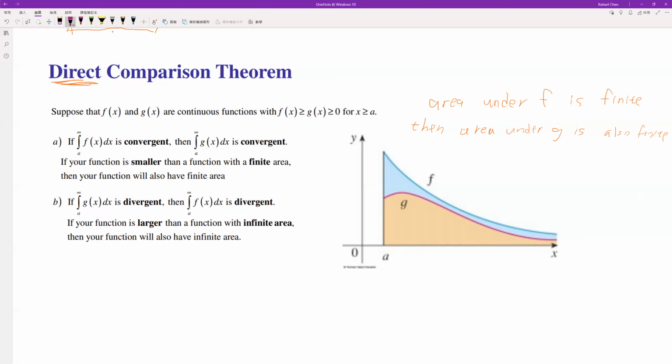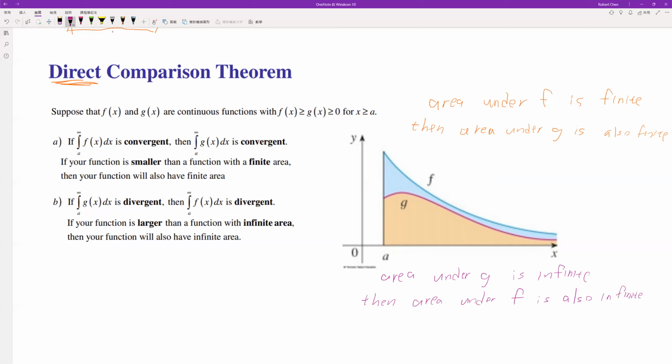On the other hand, if we look at part B, where we're looking at divergent, now divergent goes the other way, right? If we show that the small curve, the area under G is infinite, then the area under F is also infinite.